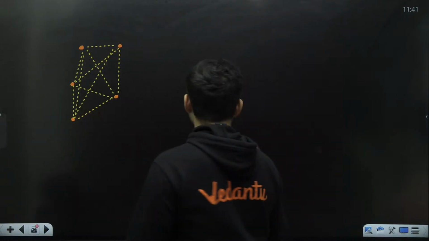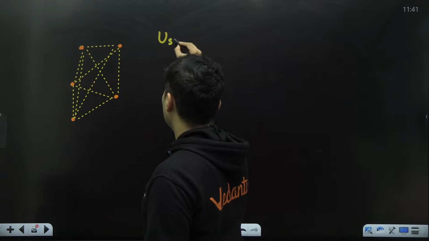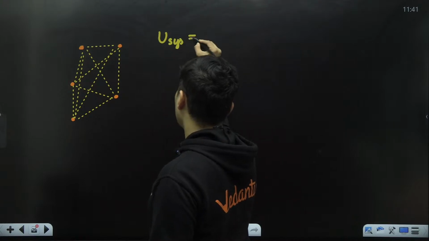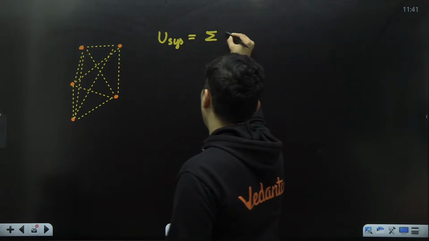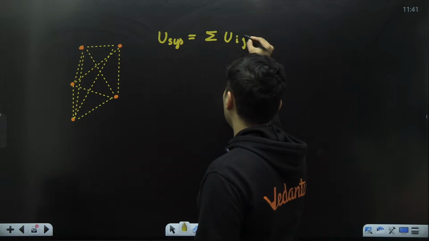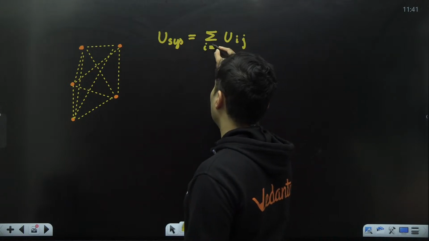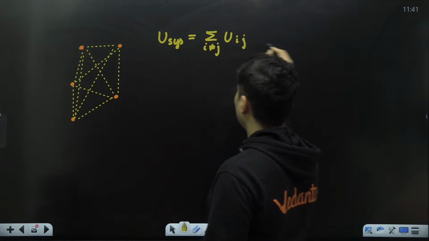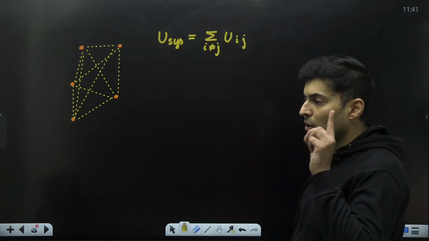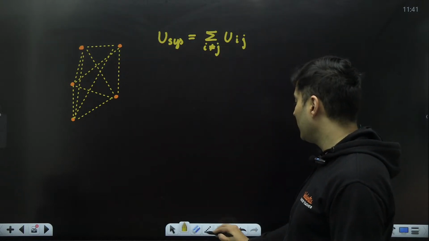So if you want to find the potential energy of a system, take all the combinations ij, wherever i is not equal to j, and that summation will give you the total potential energy of that particular system.